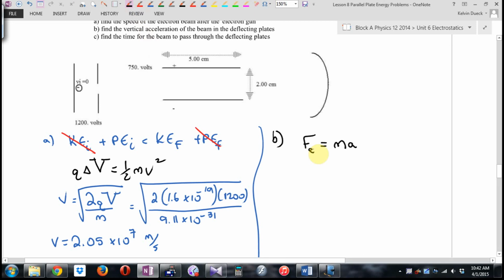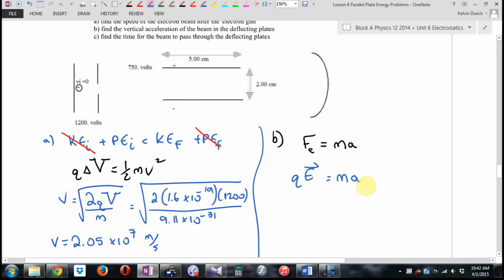Now, what's the electric force? Don't write KQ1Q2, that's if you have two separate charges, but there was another equation that had an F in it. You have to rewrite it. Now, this is a vertical acceleration.